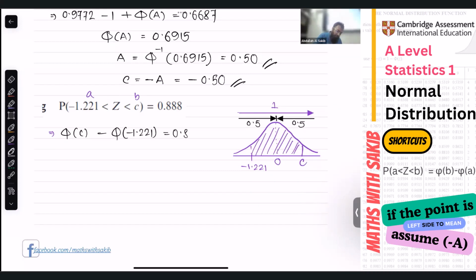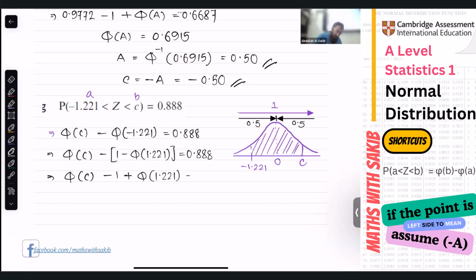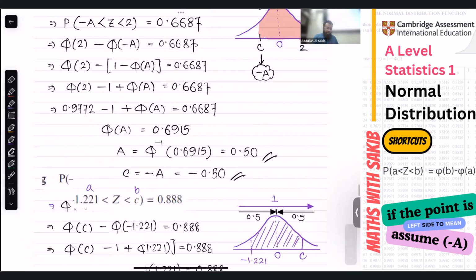And that is 0.888. So now find the value of minus phi of minus 1.221 means what? 1 minus phi 1.221. So minus 1 plus phi 1.221. So first find the value of phi 1.221.